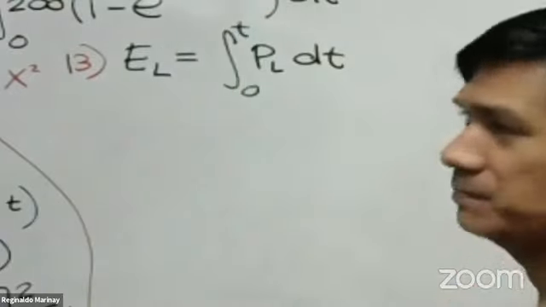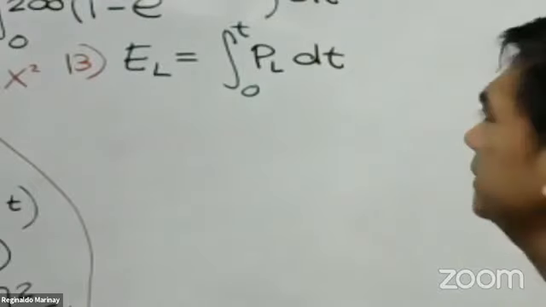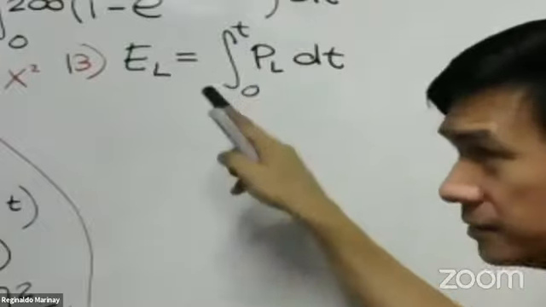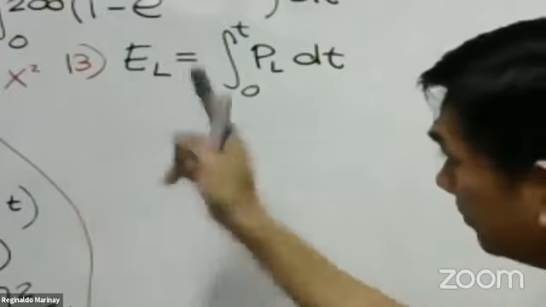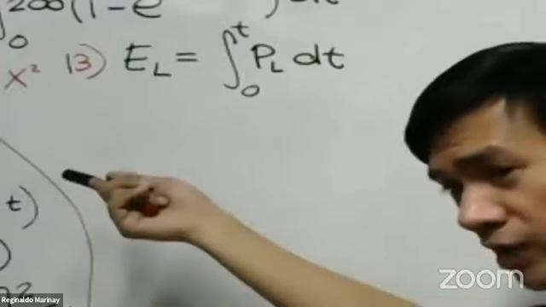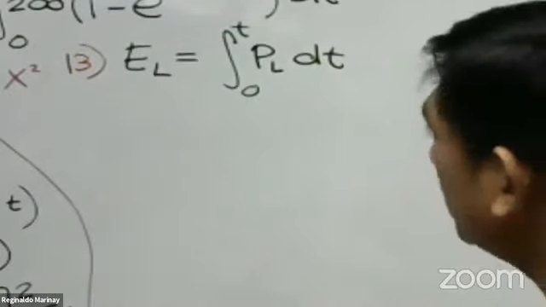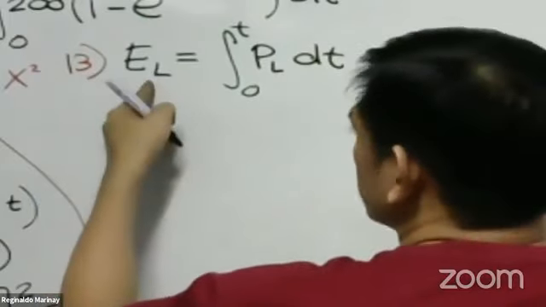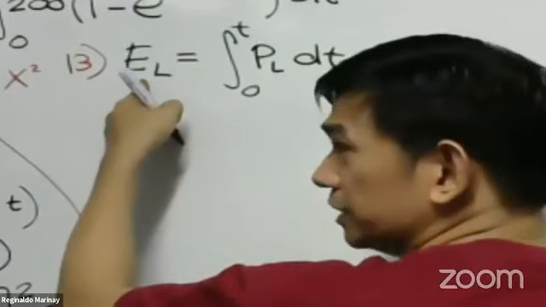In our problem, the unknown is the time, but the given now is the joule. In number 12, the unknown is the joule and the given is the time. So it is reversed. So we have our energy.